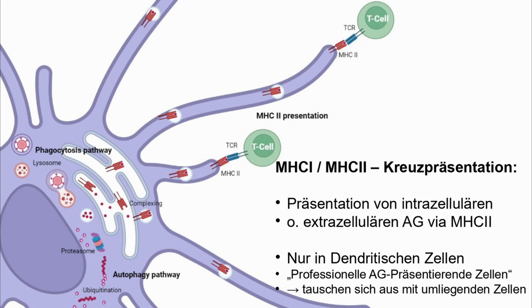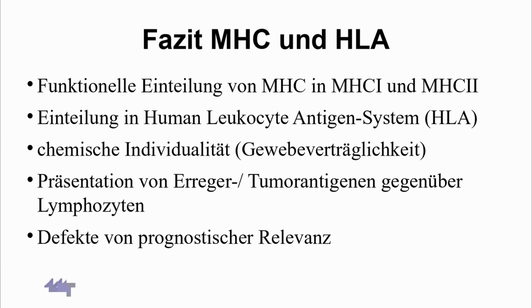What did we learn? The antigens of the major histocompatibility complex are divided into MHC1 and MHC2 based on their function. The individual subtypes of the MHC1 or MHC2 molecule are further classified in the human leukocyte antigen system. The various antigens play an important role in the tissue compatibility of our own cells.